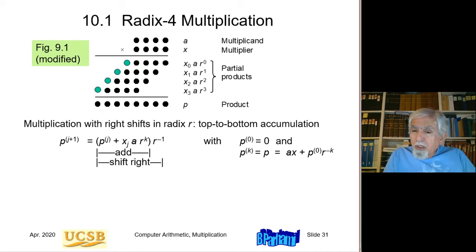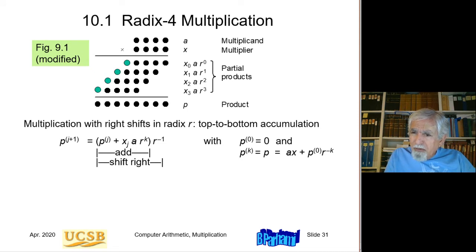So this is the multiplication recurrence with right shift written for a general radix R. It's very similar to the radix 2 recurrence, except that the 2 to the k that we had in the radix 2 recurrence has been replaced by R to the k. So A is pre-multiplied by R to the k, meaning it's left shifted by k digits.